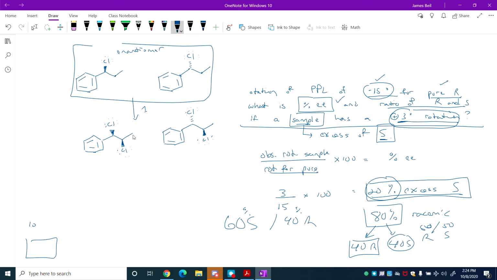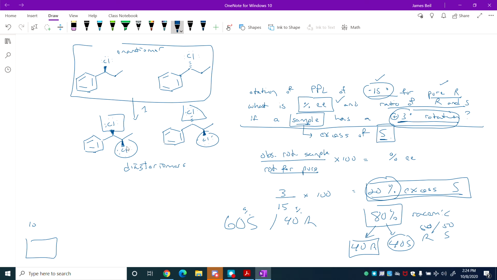Now these two are no longer enantiomers. They're diastereomers. Why is that? Well, they have the same configuration at one center, but different configurations at the other center. It's got to be a reversible reaction, though. So there's a lot of limitations here that means this is not going to be practical for many situations.